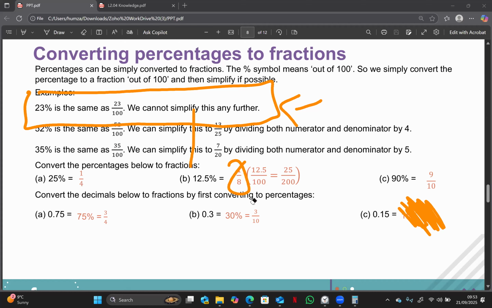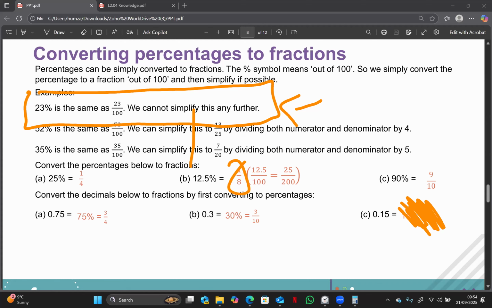We'll wrap it up now, Daniela. We're nearly finished. If you do the last one, try that again. 0.15. How do we convert that into a percentage first?